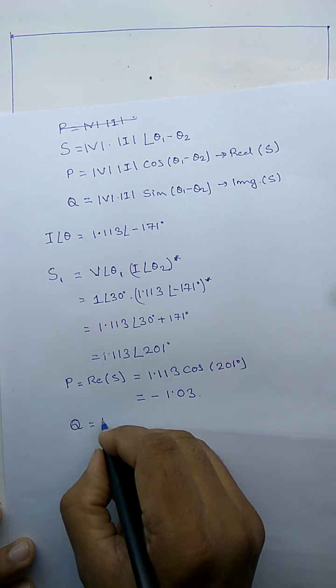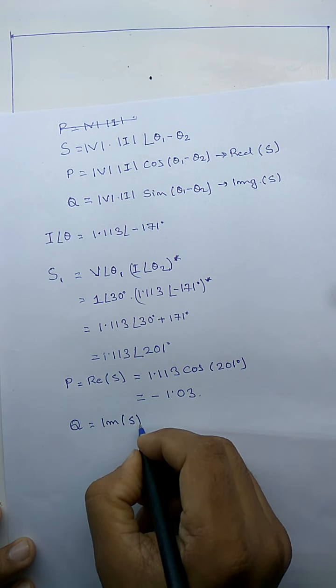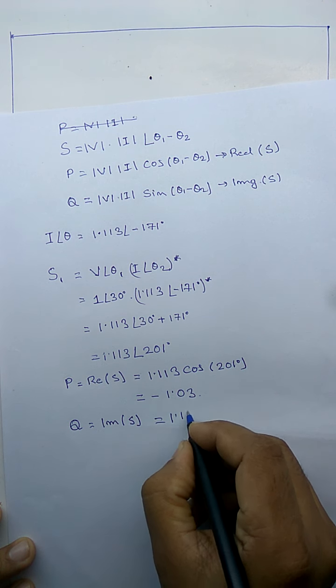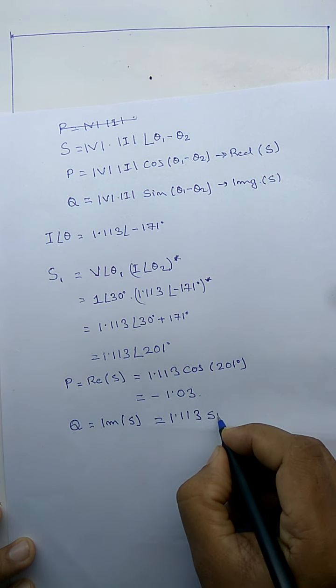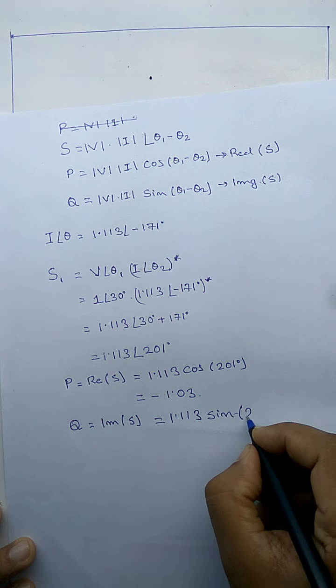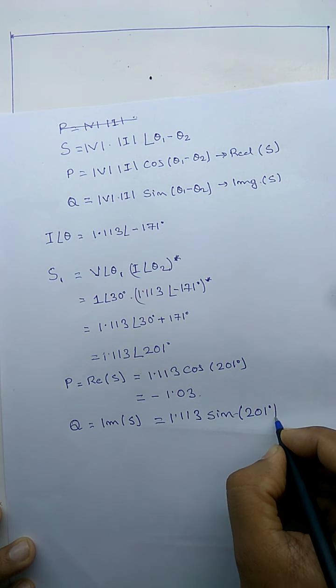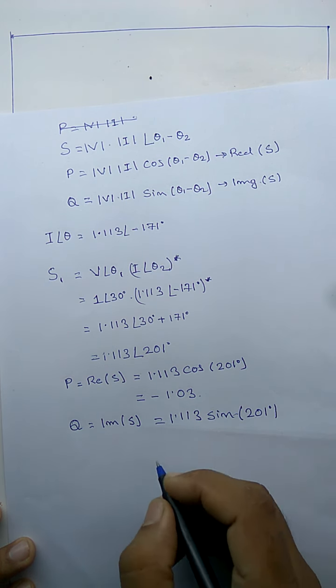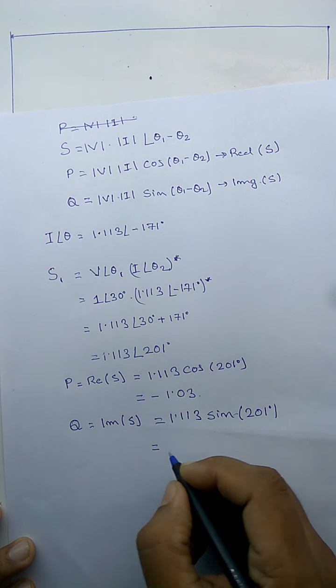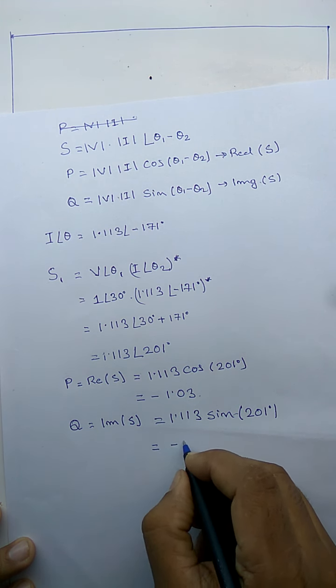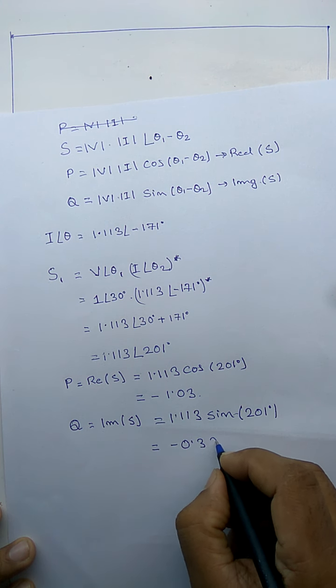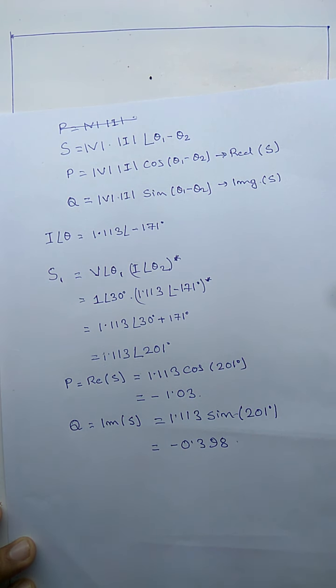Q will be equal to the imaginary part of S, that is 1.113 into sine of 201 degrees. If you calculate this, it will come to be minus 0.398. Now we have calculated the active and reactive power that is supplied by source S1.